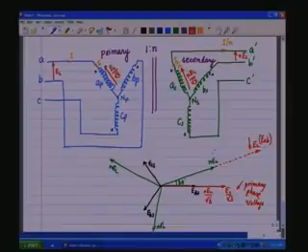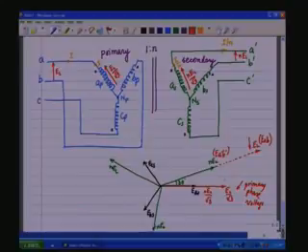This is EA dash B dash. This is EAP across the primary phase voltage. This is EAS. So, this is how the phasor diagram is going to be related with respect to the primary. So, we see that the line voltage here will be in phase with the line voltage there, and the phase voltage here will be in phase with the phase voltage there.